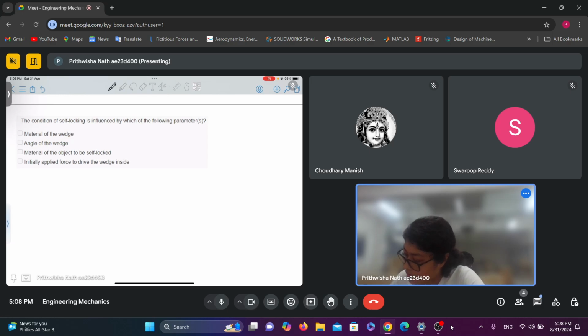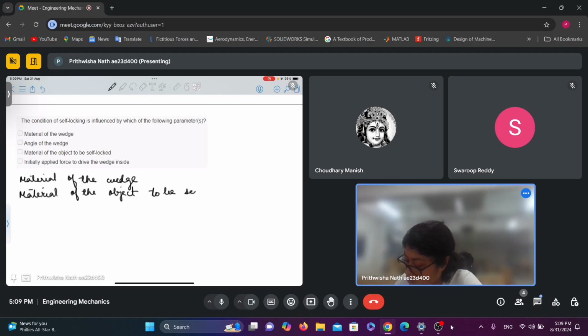The condition of self-locking is influenced by the material of the wedge, the material of the object to be self-locked, and the angle of the wedge.